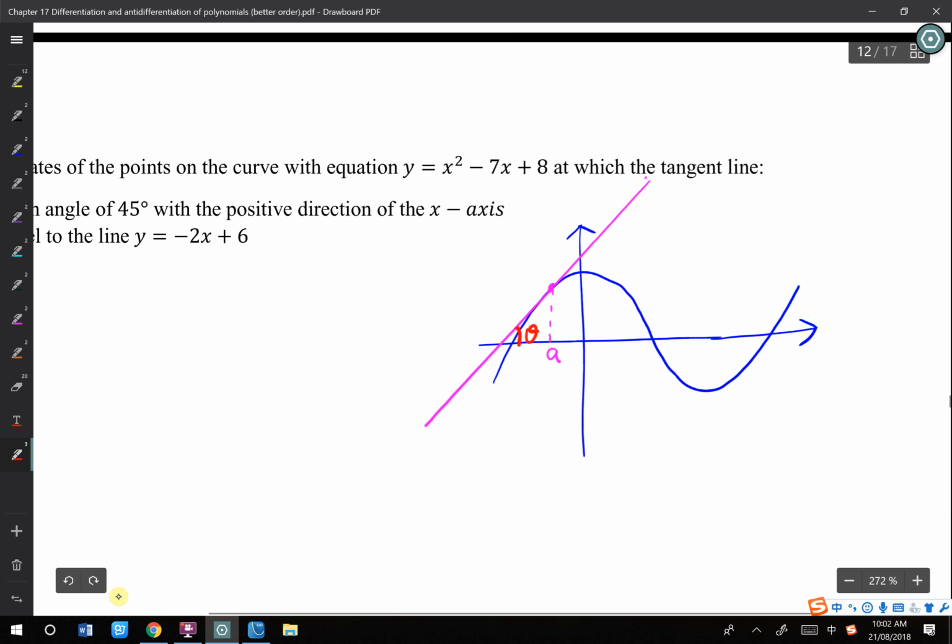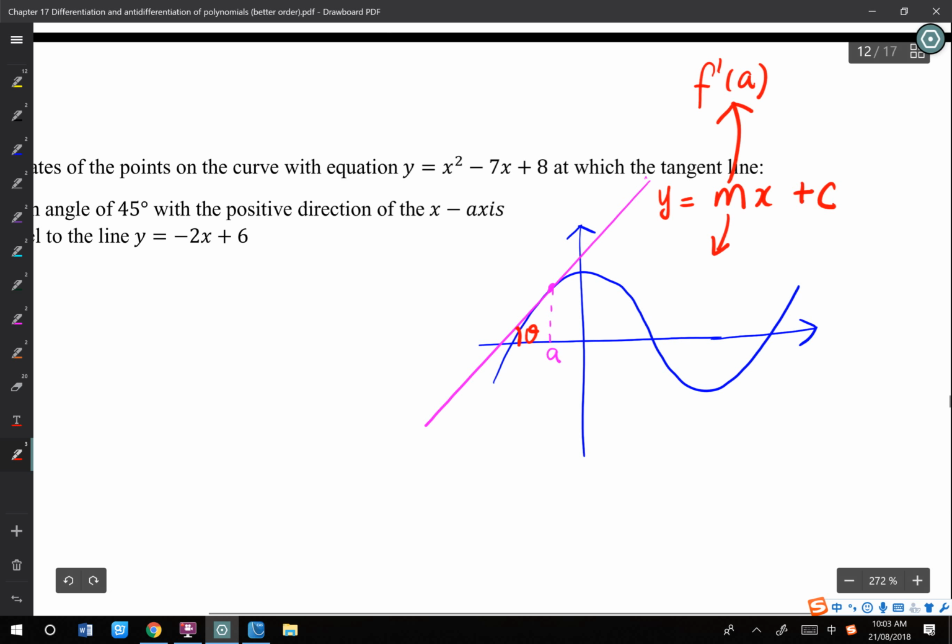This tangent will have an equation y equals mx plus c. But what's this m equal to? This m equals f dash a, because that's the gradient of the tangent, which is the derivative.